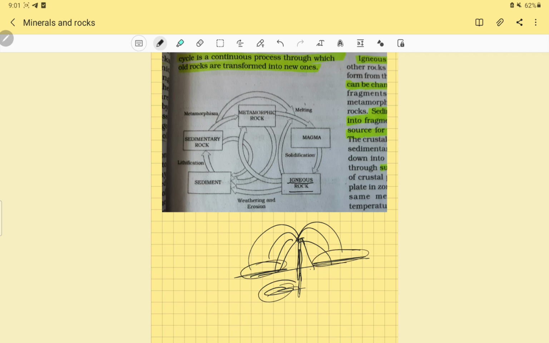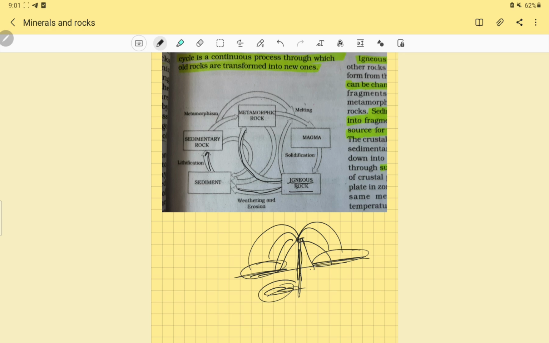So once igneous rock is there, it can be formed into metamorphic rock. What is metamorphic rock? There is a change in form of a rock, it's called metamorphic rock. So it can form metamorphic rocks, or it can break into sediments, and then sediments join together to form a sedimentary rock. So igneous rock can be formed into metamorphic rock or sedimentary rock.